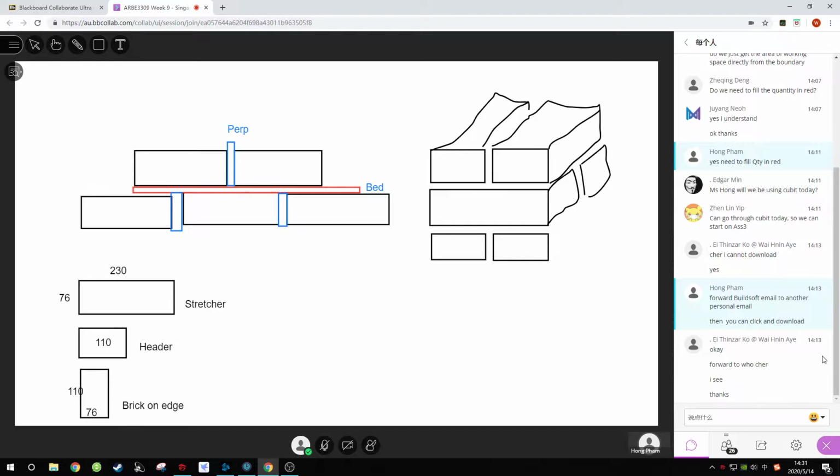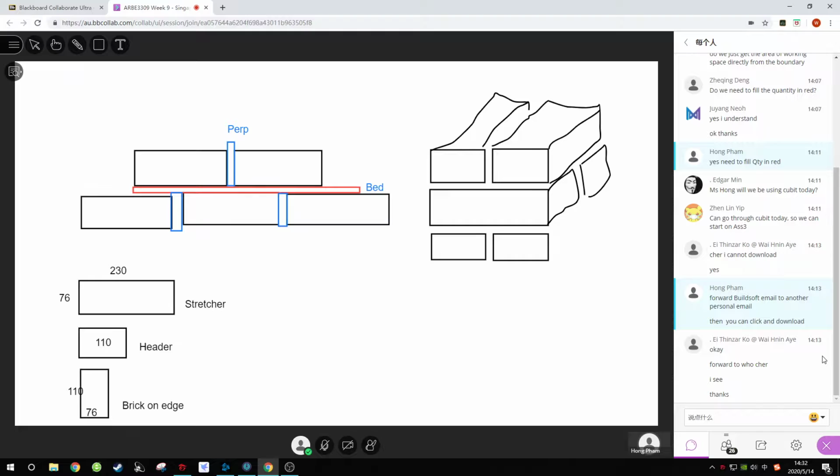They say face shell is a smear of mortar on the face side of the perpen. The remainder is a void, if the perpen must be solid in a fire-rated wall. So this is a wall, this is a perpen, and this is also the perpen. So the face shell is actually on the other side of the perpen here.